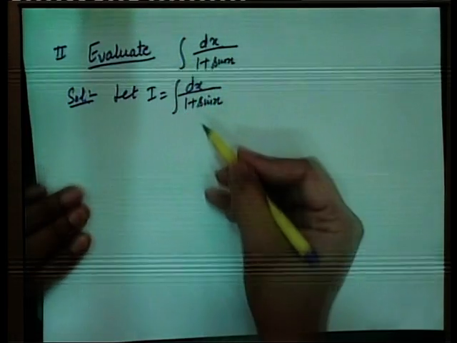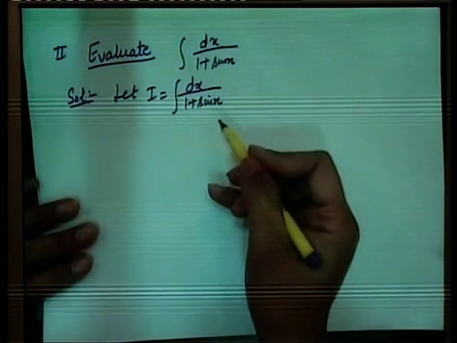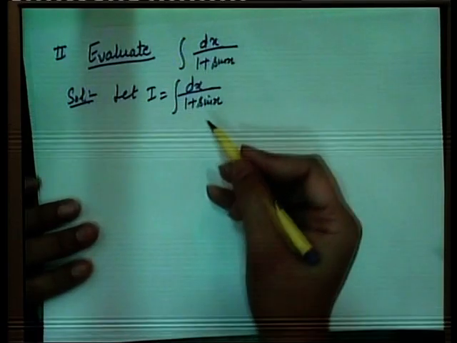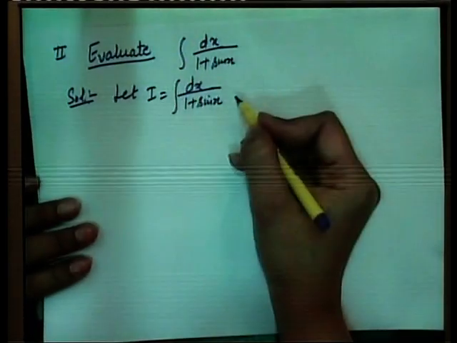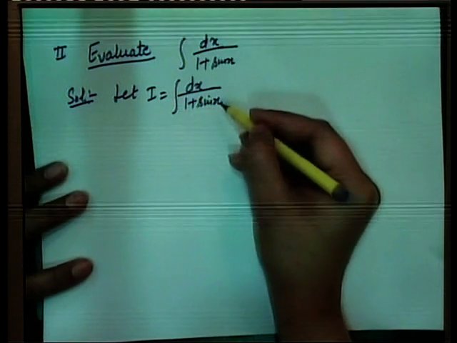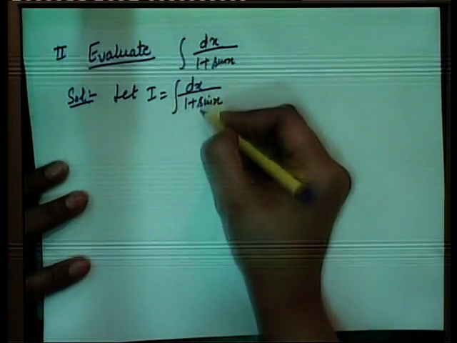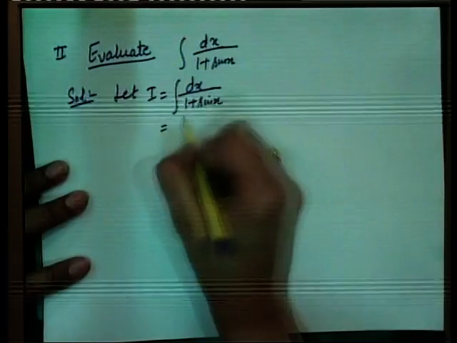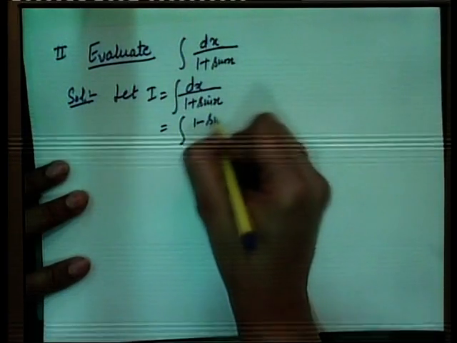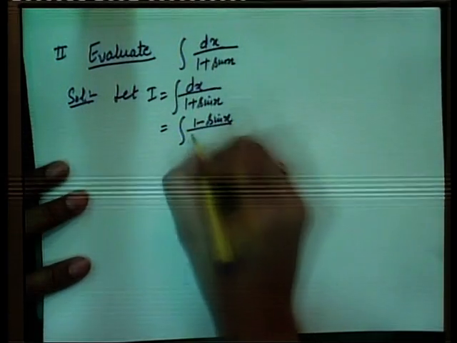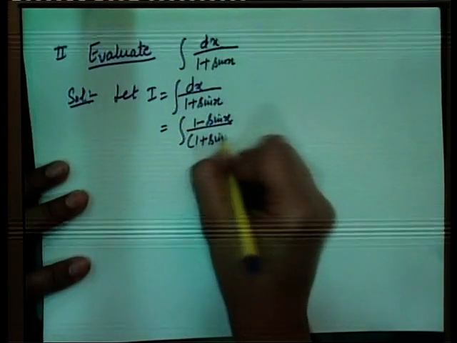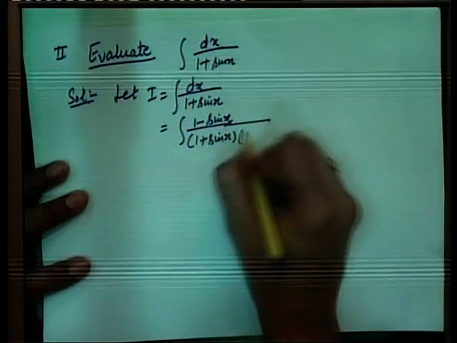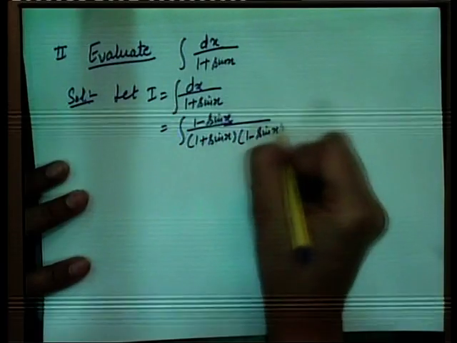Now, we have the term 1 plus sin x in the denominator. In the first step, what we are going to do is rationalize it, but you know the meaning of rationalize. Rationalize means multiplying and dividing by the opposite sign that we have in the denominator. We multiply numerator and denominator by the factor 1 minus sin x.